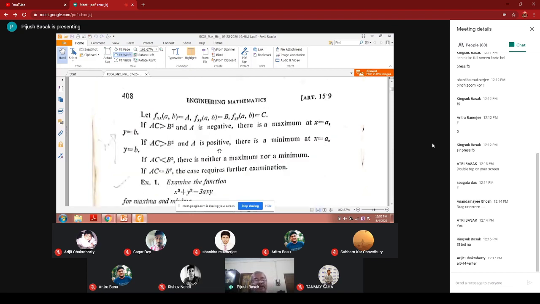Suppose fxx at (a,b) is A, fxy is B, fyy is C. Then if AC minus B square is greater than 0, meaning AC greater than B square, and A is negative, then there is a maximum at x is equal to a. And if AC minus B square is positive and A is positive, there is a minimum at the point. This is the mathematical technique. If AC is less than B square, there is neither maximum nor minimum. If AC is equal to B square, the case requires further examination.